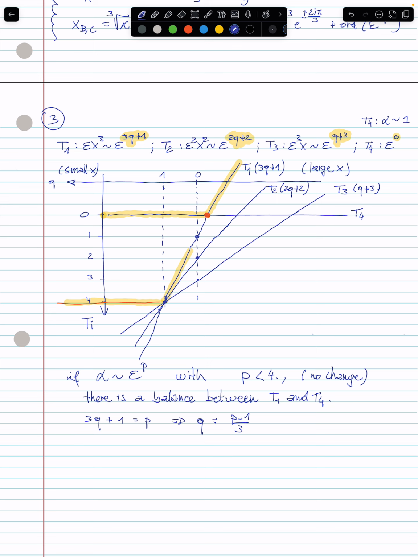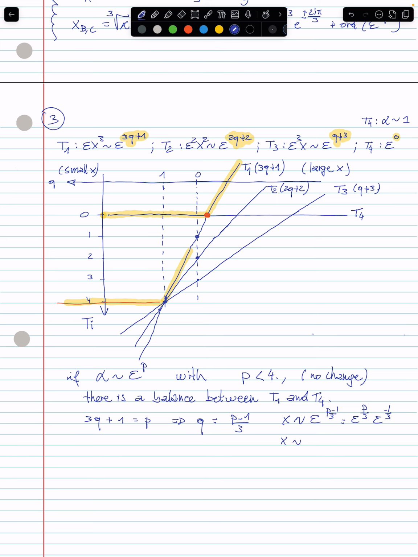And so the order of magnitude of the root is epsilon to the power p minus 1 over 3, which is in fact epsilon to the power p over 3 multiplied by epsilon to the power minus 1/3.